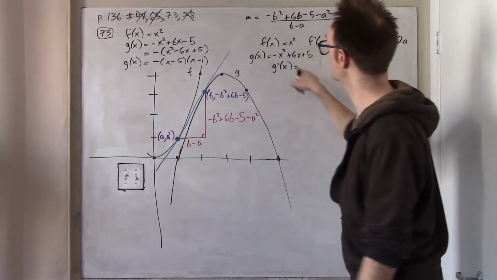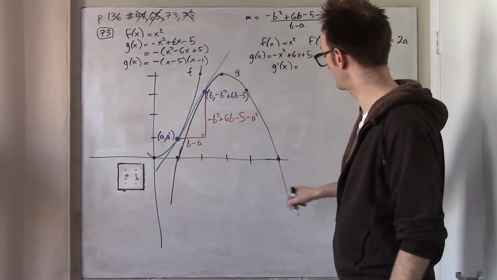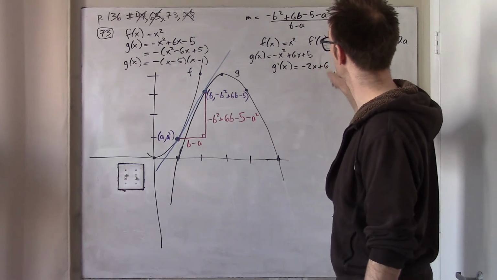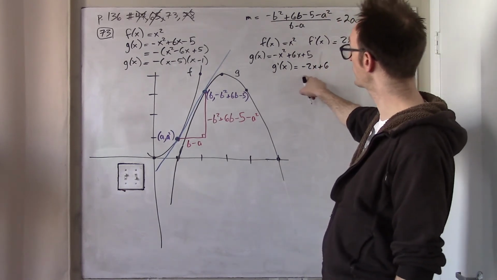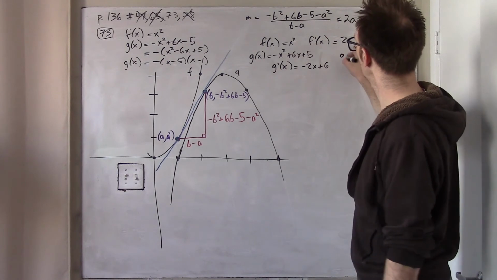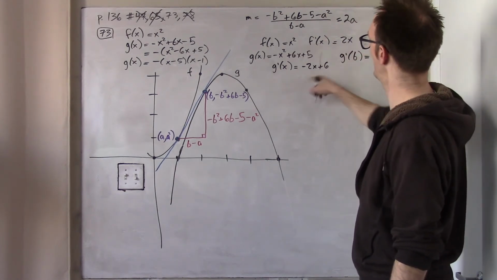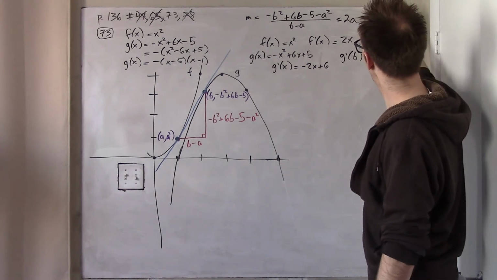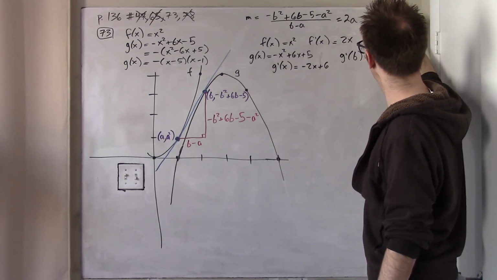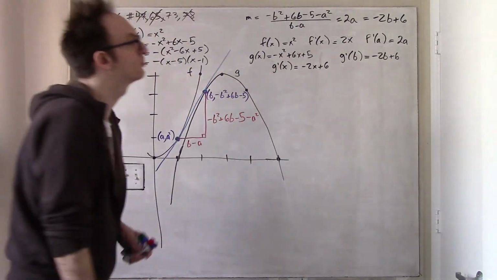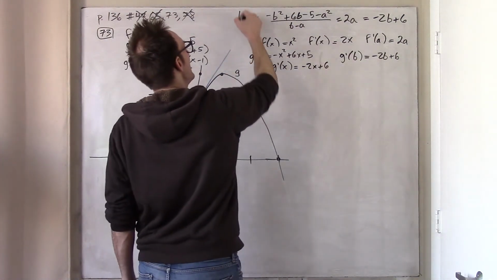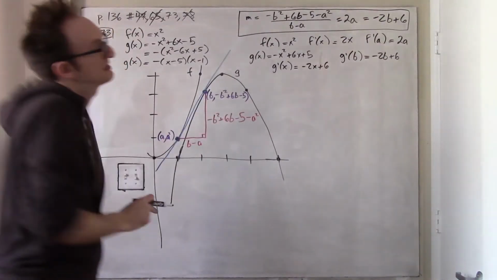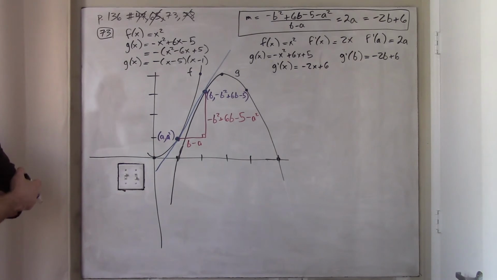Using the method for differentiating polynomials, I get negative 2x plus 6. That's the derivative function in general, but it's specifically the derivative at b that I want, and that's negative 2b plus 6. And so here I have one big super equation. So is this enough to find A and B?